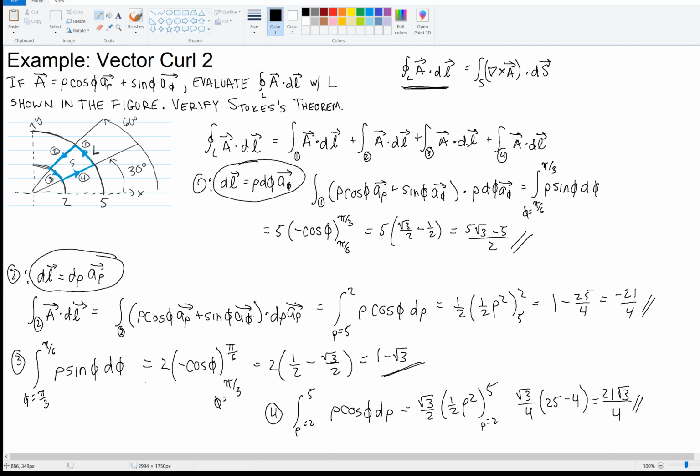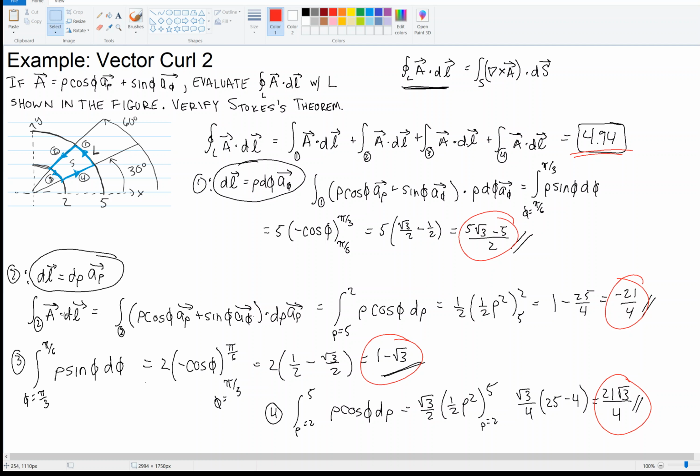Now, remember the idea was that we're calculating the closed line integral, and so we need to add these 4 pieces up. When I add those 4 pieces up, I get 4.94 up to 3 significant digits.